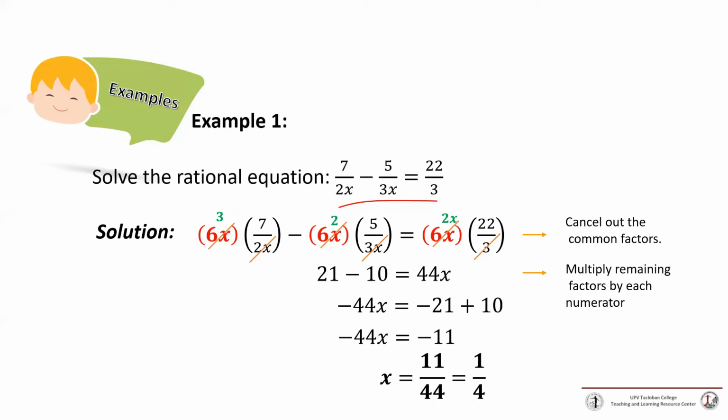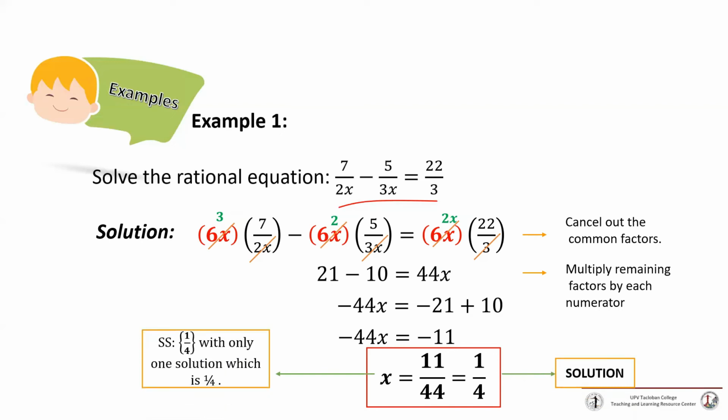And then we just simply divide by negative 44. That's why our value of x is 11 over 44, which is equal to 1/4. This is the solution. Now, are we sure that this one is really the solution?